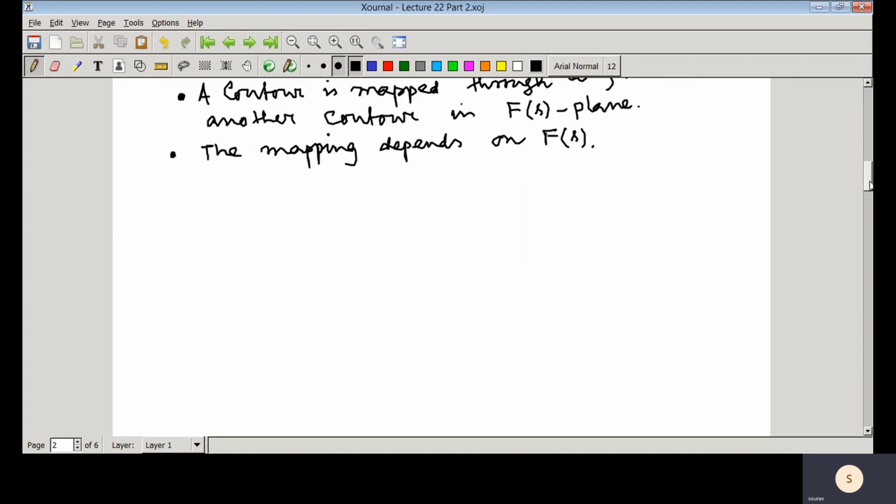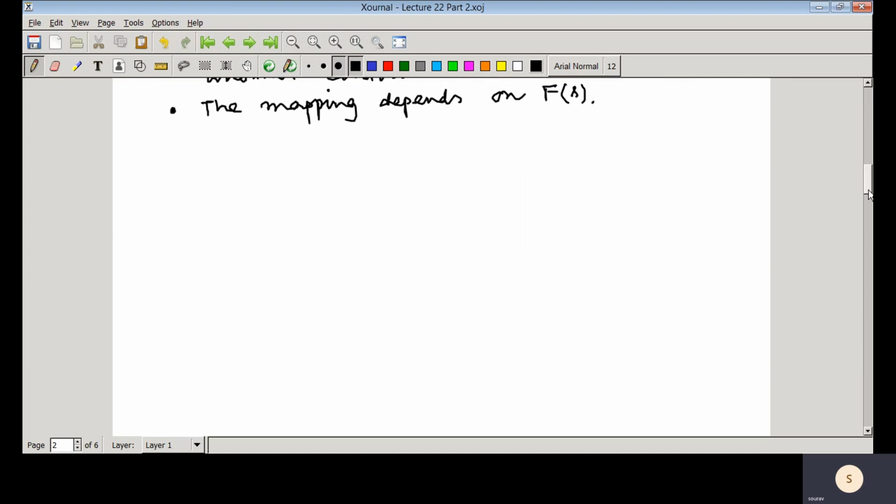That means if we take various types of functions, then what would be that mapping? I am just going to show you what happens. Those things can easily be understood if you consider that angle.